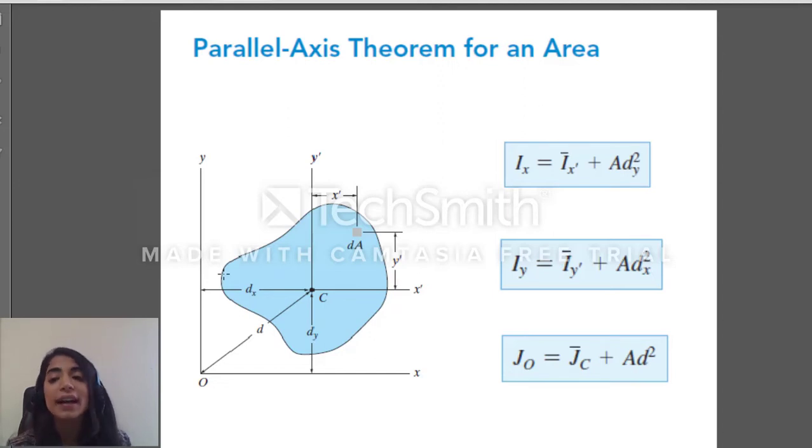Now, guys, what if I have a shape composed of some regular shapes like a rectangular shape and a square with a hole, with a triangular shape, and I need to find its moment of inertia?